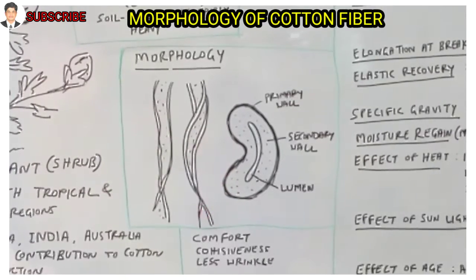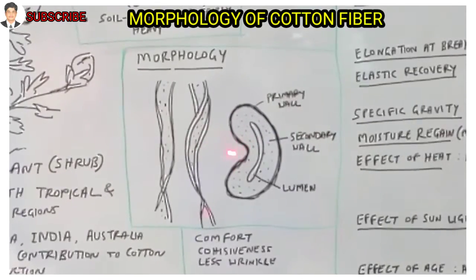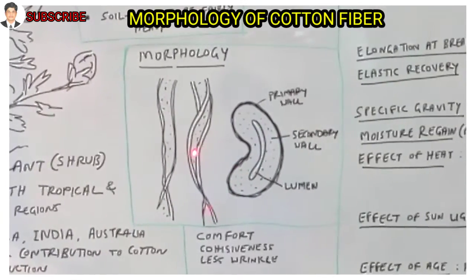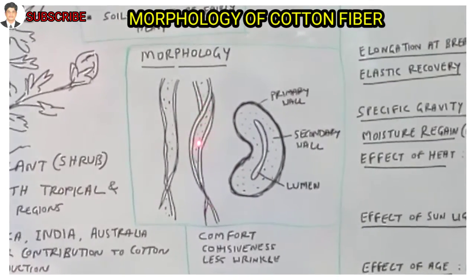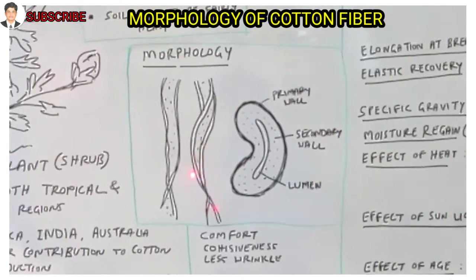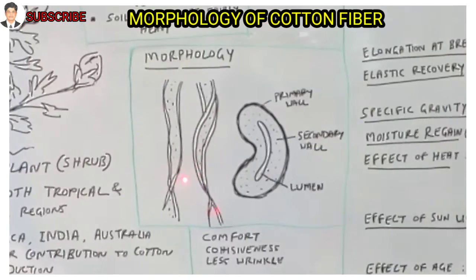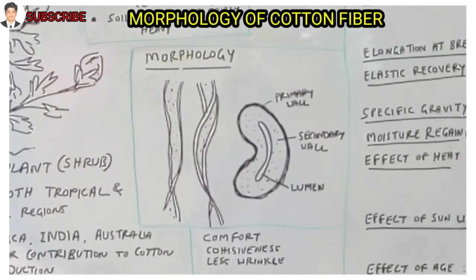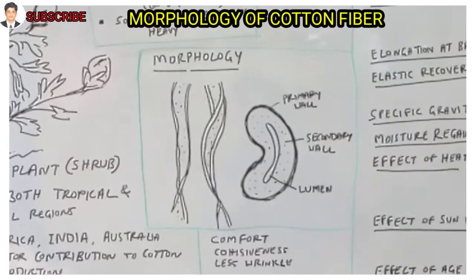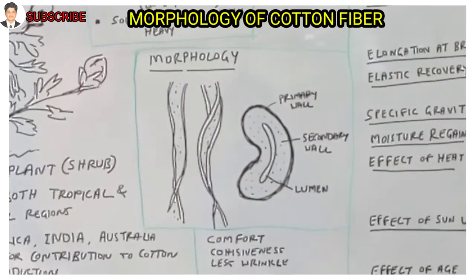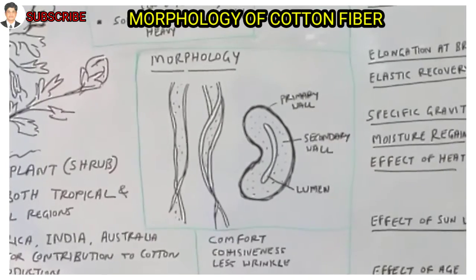This is morphology. And morphology means not only the longitudinal shape and cross-sectional shape we need to know, but also this internal morphology. This fiber is made of a number of polymers. Not only cotton fiber, any fiber you take, polyester or nylon or any other fibers, are made of polymer chains.